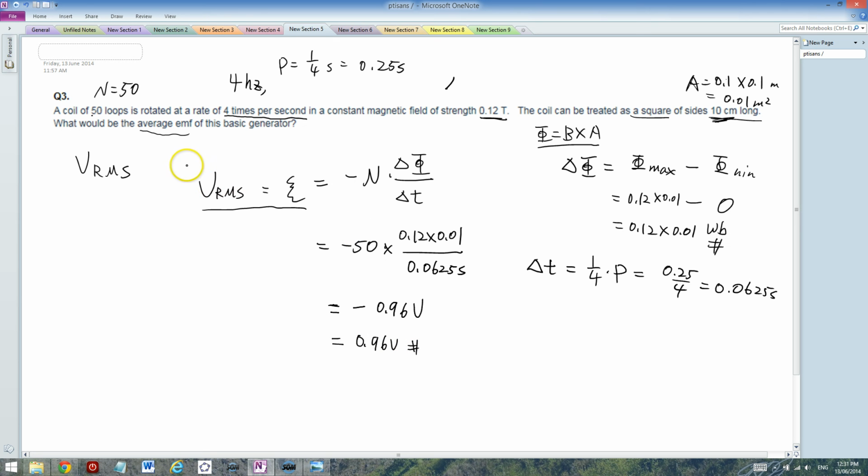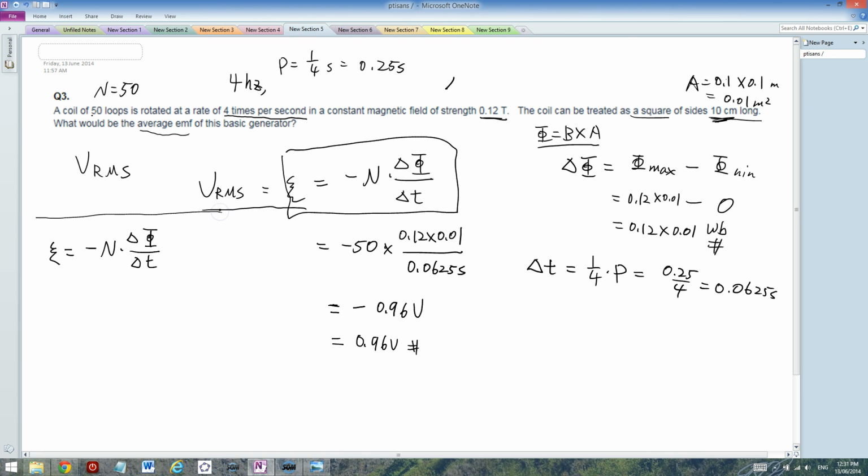I should tell you this before. This formula is used a little bit differently in an AC alternator. In an AC alternator, the change in magnetic flux will be the maximum change.